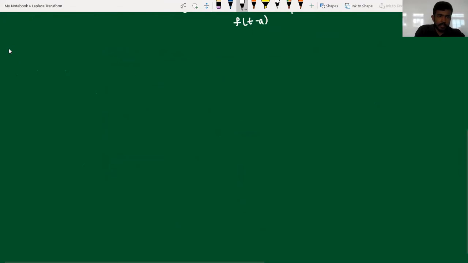So we just solve one problem of this type. Take an example. Suppose I want to find the inverse transformation of e to the power of minus 3s by s minus 4 whole square.